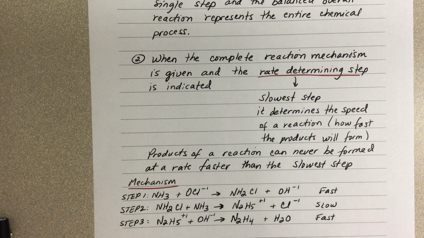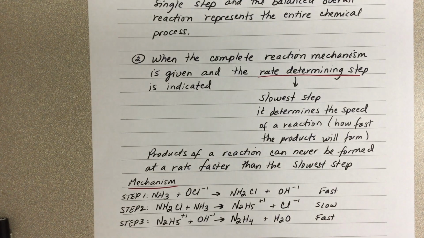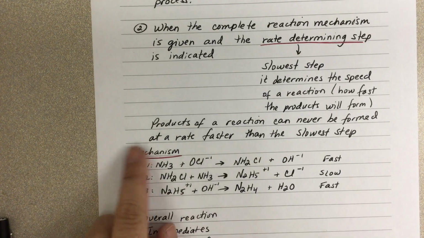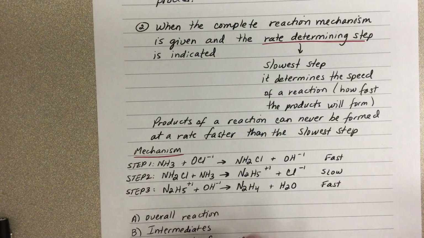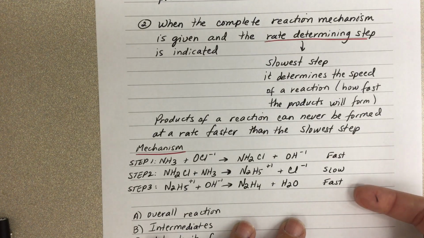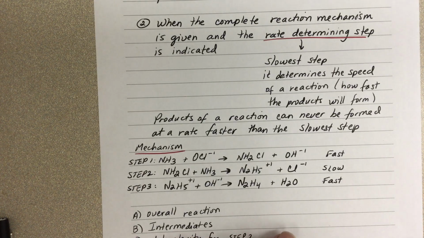So it will take at least the same amount of time as the slowest step, or more, to get the final products of your reaction. Now, when you have a mechanism, your steps are going to be labeled. So you don't have to come up with which one is the slowest one or which one is the rate determining step.